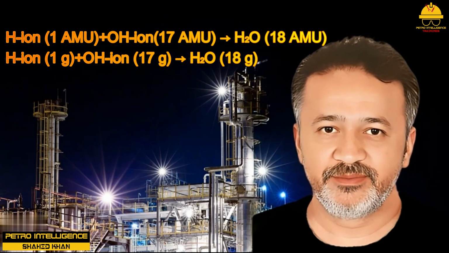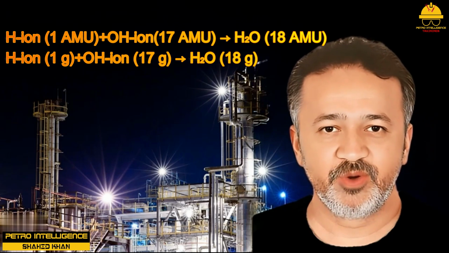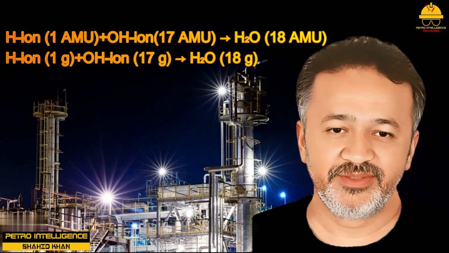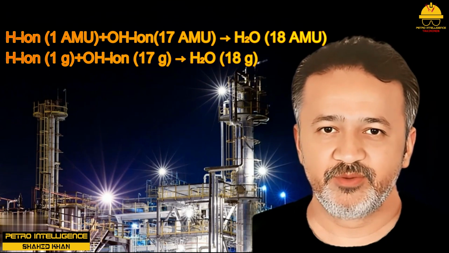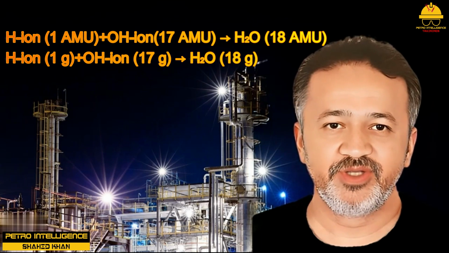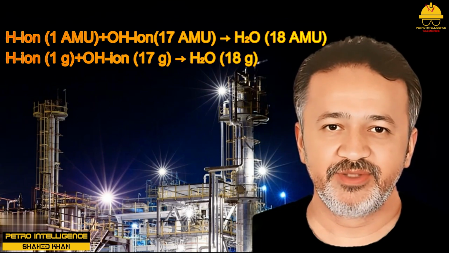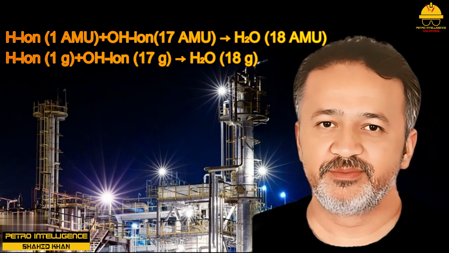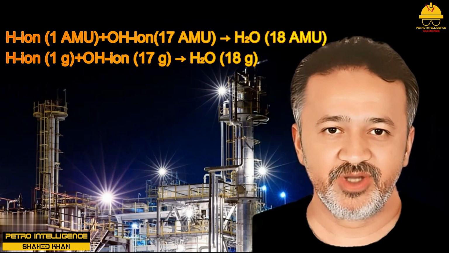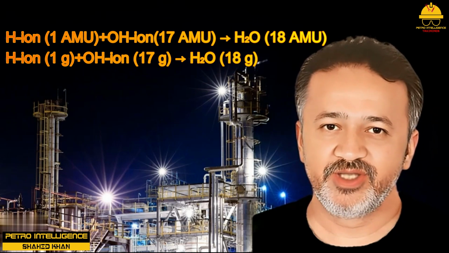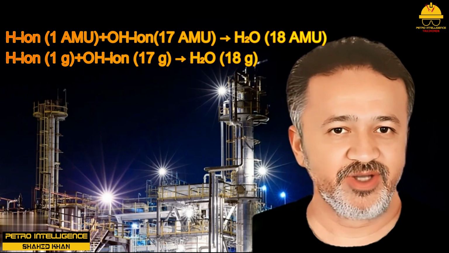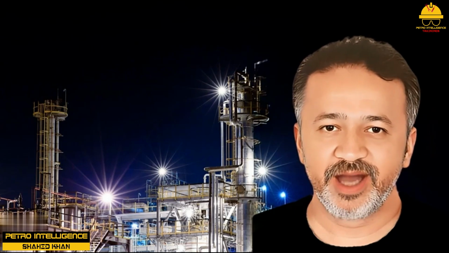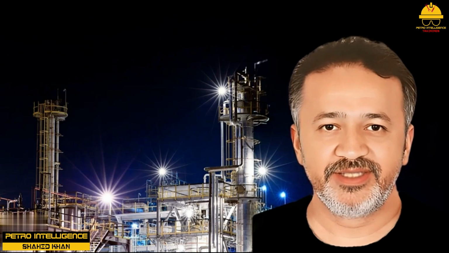Step 2. Ensure that reactant total weight is equal to product total weight. Step 3. Determine the numbers of reactant atoms to be sure they match. The reactant side of the equation has 2 hydrogen atoms and 1 oxygen atom. The product side of the equation has 2 hydrogen atoms and 1 oxygen atom. The equation is balanced.